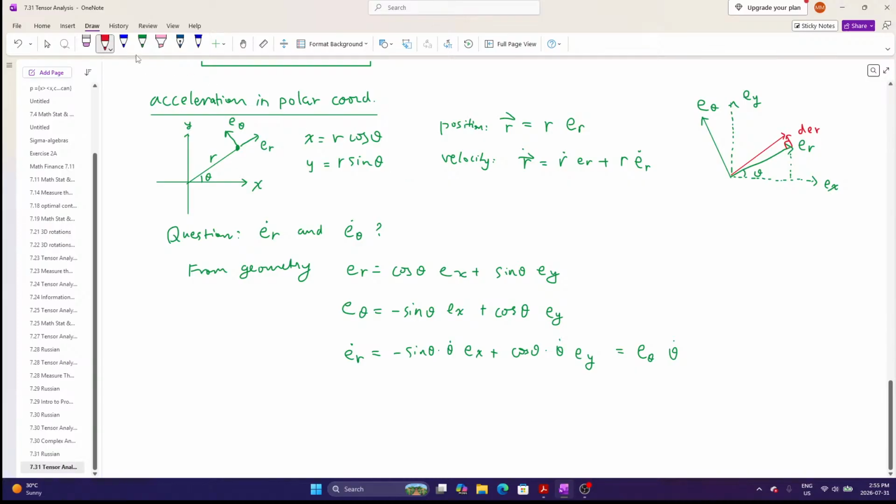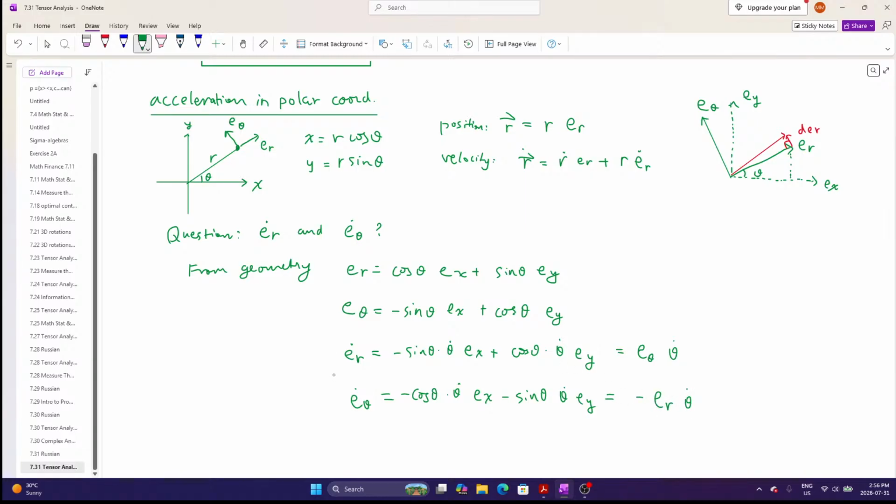And now let's continue with E theta dot. So E theta dot is differentiating E theta, and you get minus cosine theta times theta dot EX plus, the derivative of minus sine theta, which is minus sine theta times theta dot, and then times EY. So this way you get minus ER theta dot.